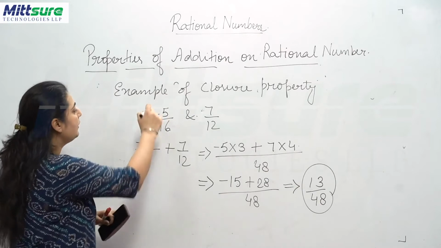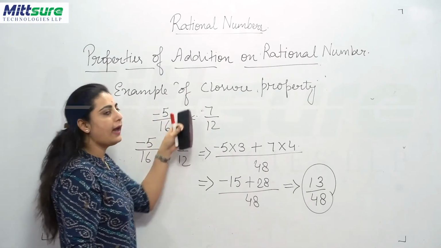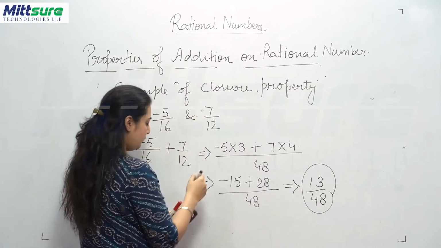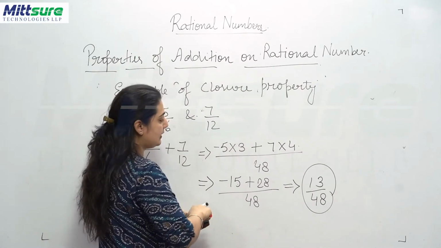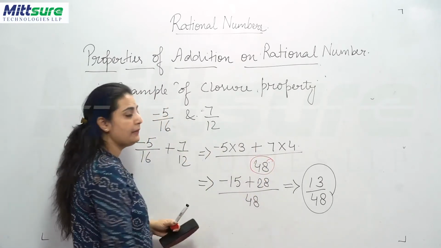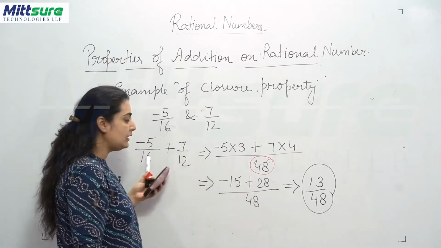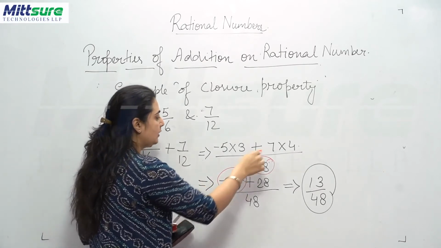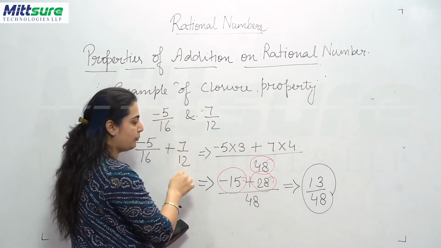What we have done, we took two rational numbers here, minus 5 upon 16 and 7 upon 12. When I added these two, first of all, I was supposed to take out the LCM. I took the LCM here as 48. After calculating the LCM, I was supposed to find the equivalent rational numbers of these two, which I have done here. I got minus 15 for minus 5 upon 16 and 28 for 7 upon 12.